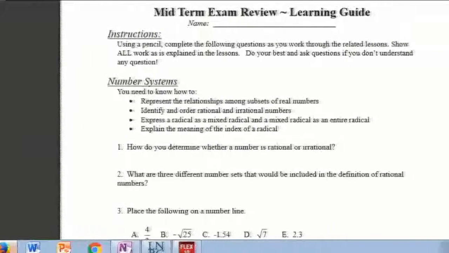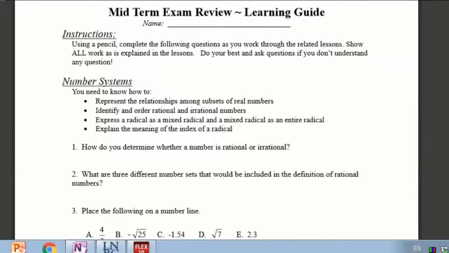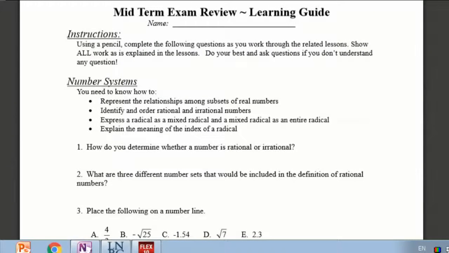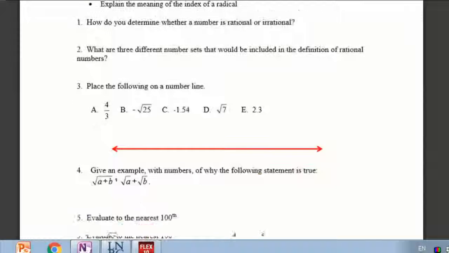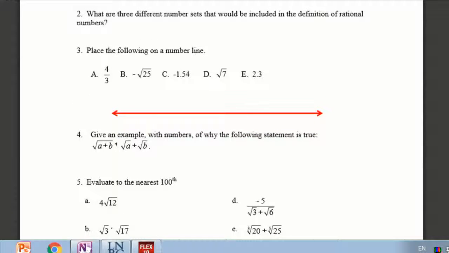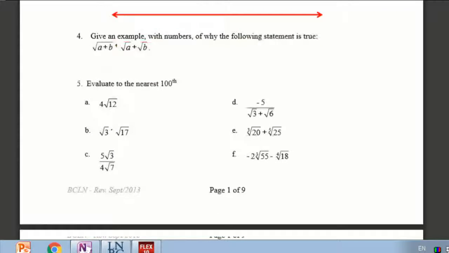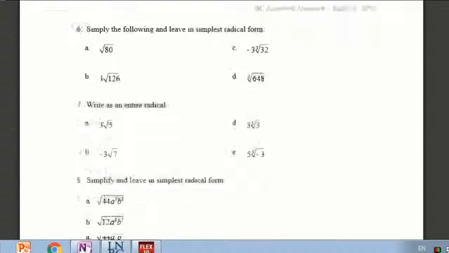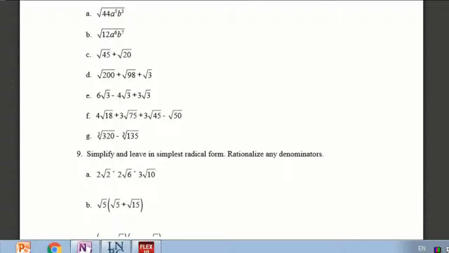So you can see all the stuff we've gone through. Instructions: use a pencil, write the answers down. Number system stuff we've done. Some things you need to know. So it basically tells you what you need to know. Place the following on a number line. We remember doing that. Has some general concept type questions. Evaluate to the nearest hundredth using all of these radicals.